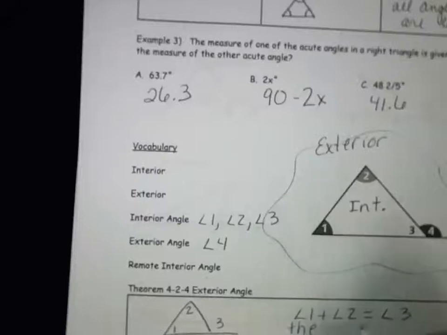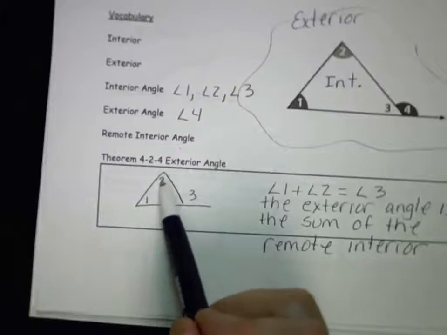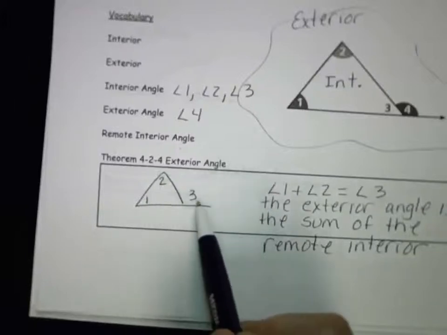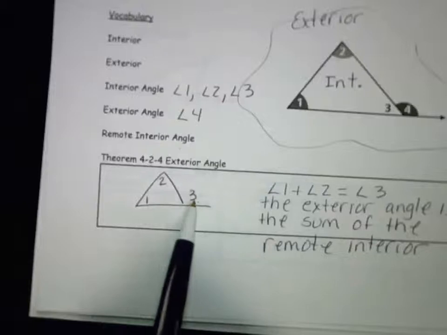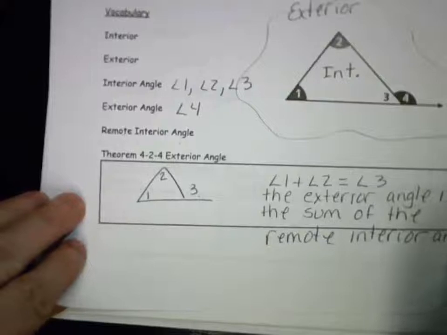Or, in English words, you can say the exterior angle is the sum, means we're adding them together, of the remote interior angles. And I'm going to move that up. I hope you can see it. So these two angles, when you add them together, you get this outside one. The exterior angle equals the sum of the remote interior angles.